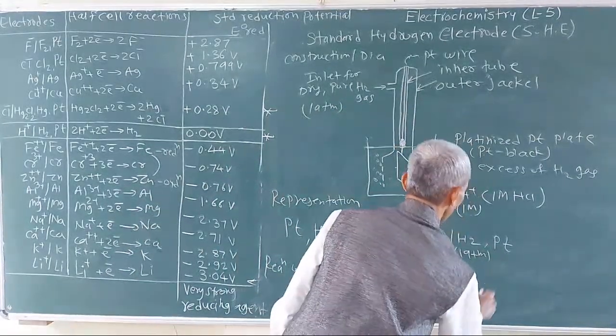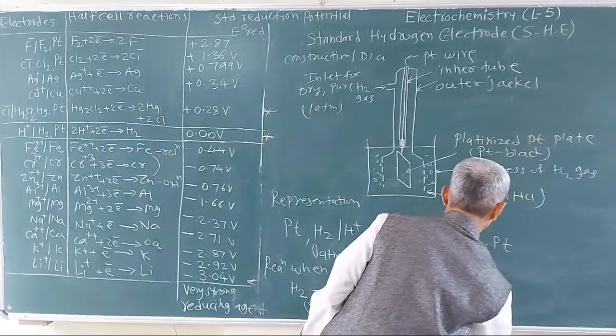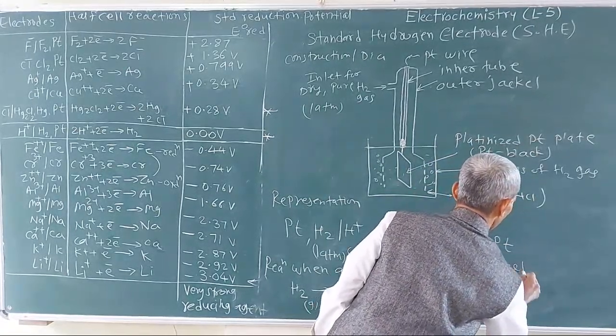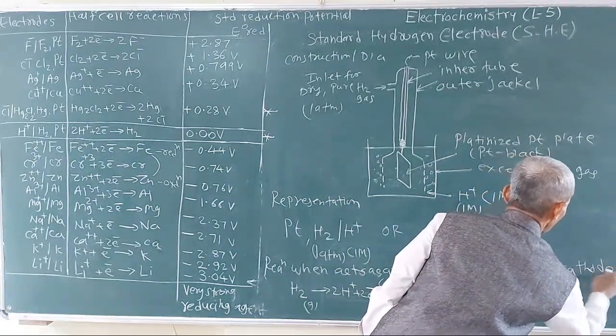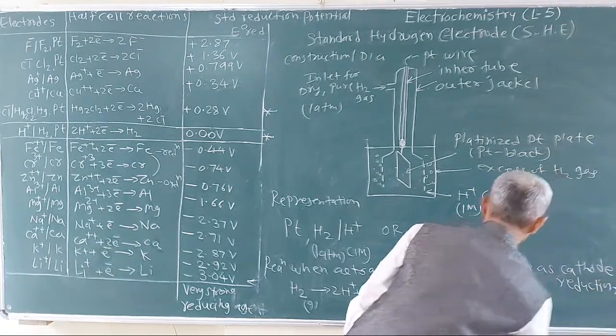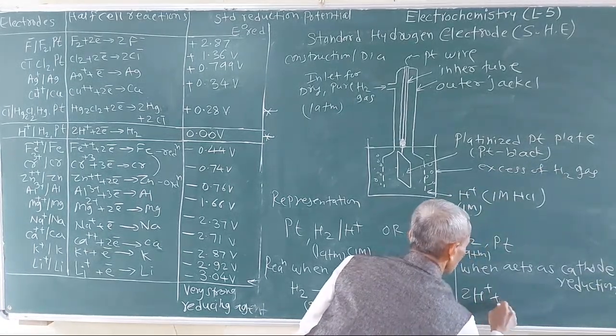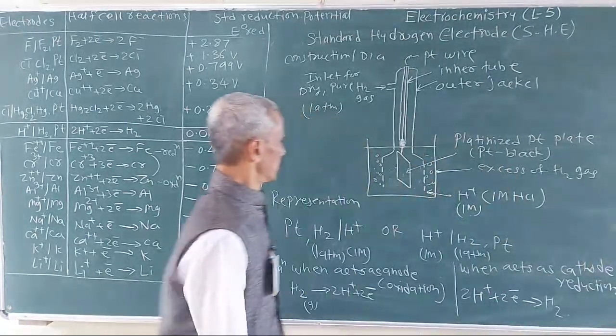This is the gaseous hydrogen, and this forms H plus in solution. Or if the electrode acts as a cathode, that means reduction takes place, so 2 electrons are absorbed and this forms hydrogen.